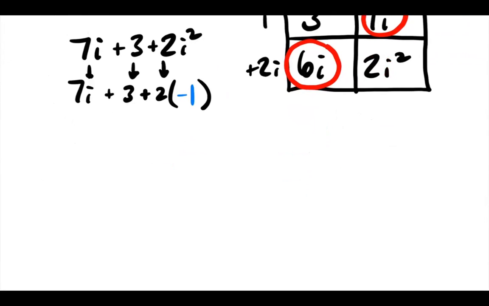So now, isn't this just a multiplication problem here? So when I multiply that, that makes -2. 7i stays 7i. +3 stays +3. And now look what I have. Don't I have some like terms now?